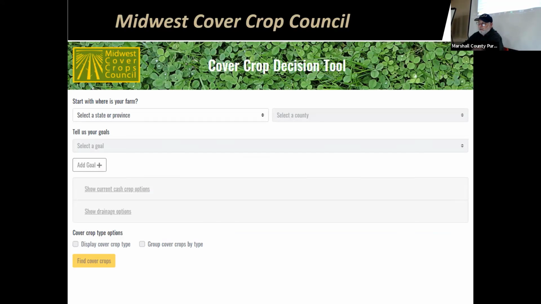That'll determine when you can plant cover crops based upon our climate. Tell us your goals. So do you want it to be a trap crop? Do you want it to be green manure to help increase it? So it's a tool that you can go to, just like the NRCS soil webpage, to glean information that you can utilize if you try and use cover crops.